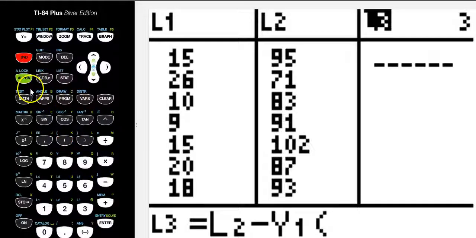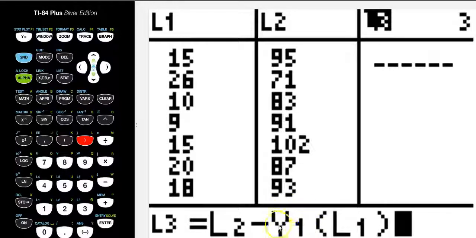list 1. Now what this is telling the calculator to do, real quickly, is take all the values in list 1 and plug them into the function Y1 and get a value. That's pretty much like evaluating a function. If you go back to your algebra classes and pre-calculus where you had a function f of x and you plugged an x value into it and it gave you a specific value, that's what we're doing here.